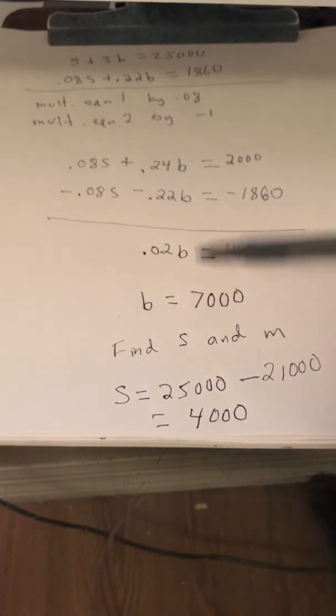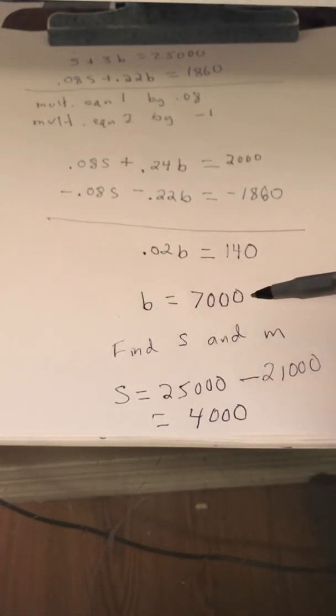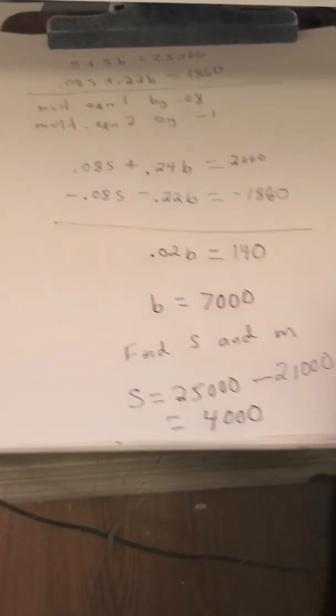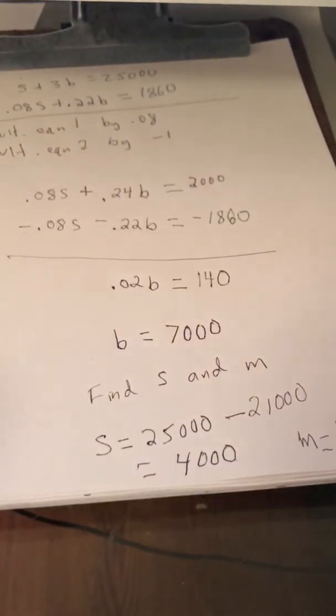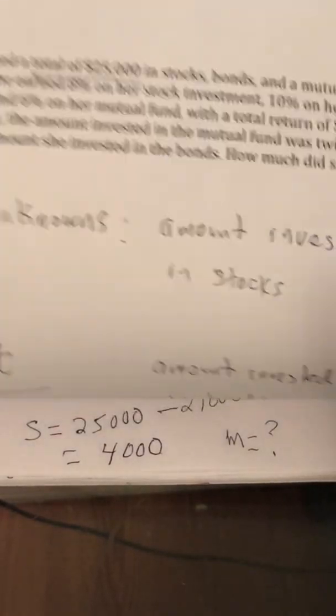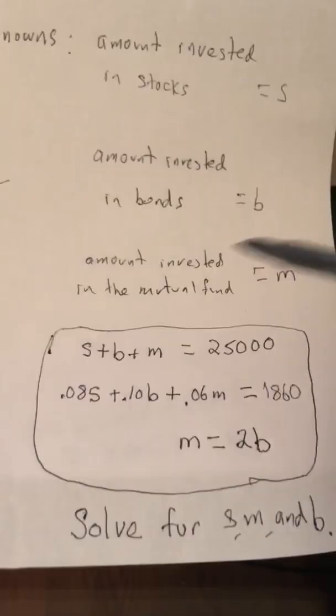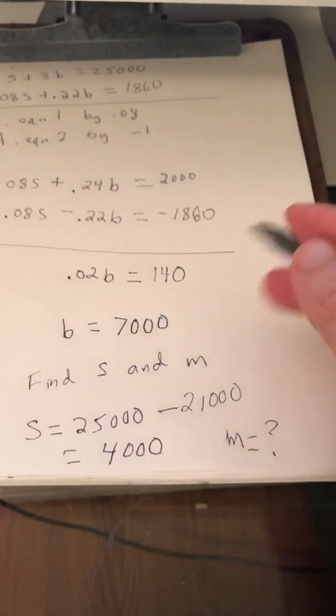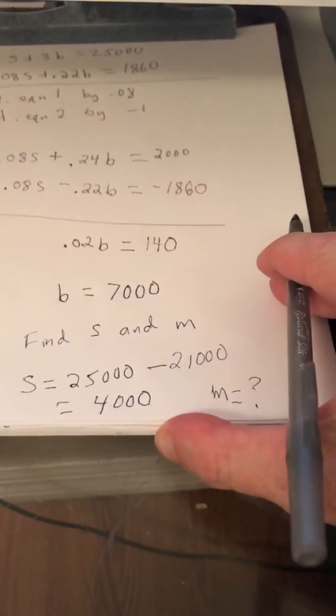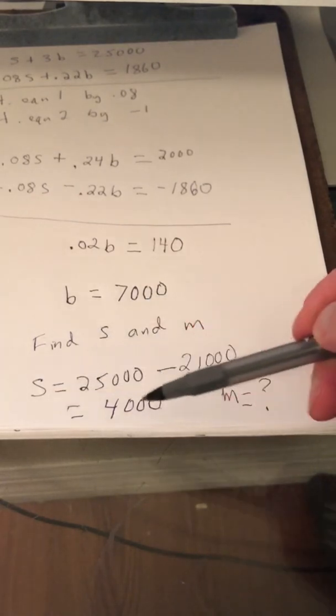So far we have that she invested $7,000 in bonds and $4,000 in stocks, but we still need M. That's not going to be difficult to find, because you remember that if you add up the amount that she invested, it adds up to 25,000. So she invested $7,000 in bonds and $4,000 in stocks.